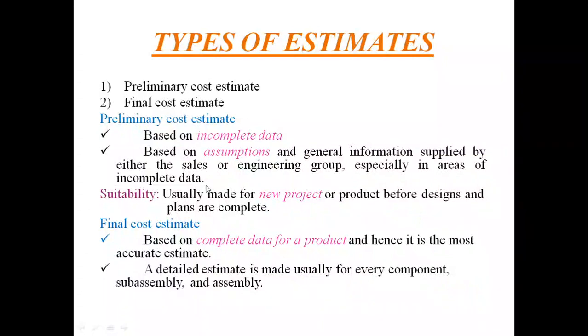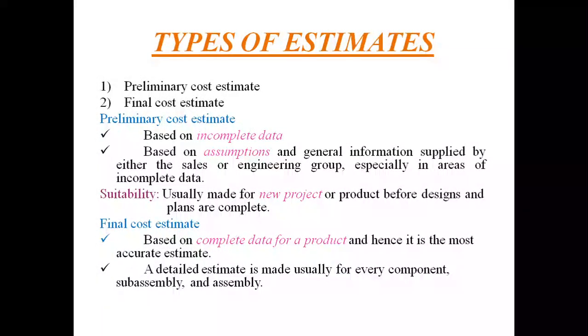Preliminary cost estimations are usually made for a new project or product before designs and plans are completed. Also, these types of estimates are used to compare alternate designs or manufacturing methods to determine the most economical method or design.